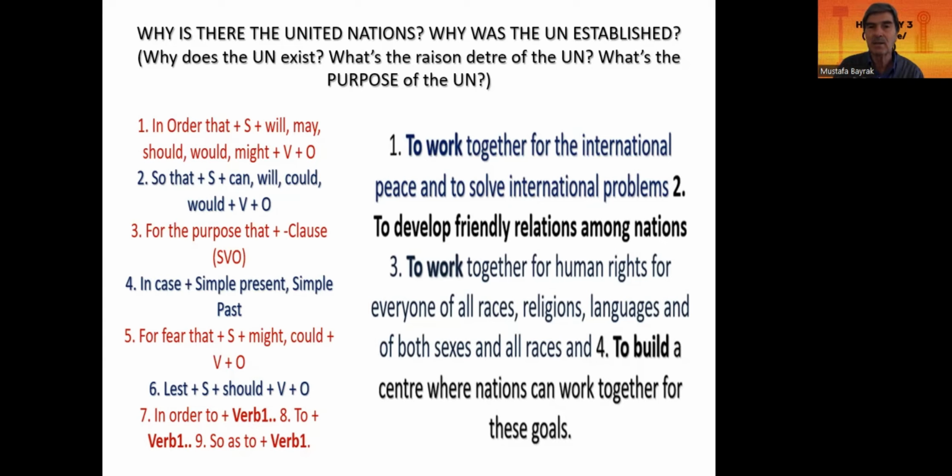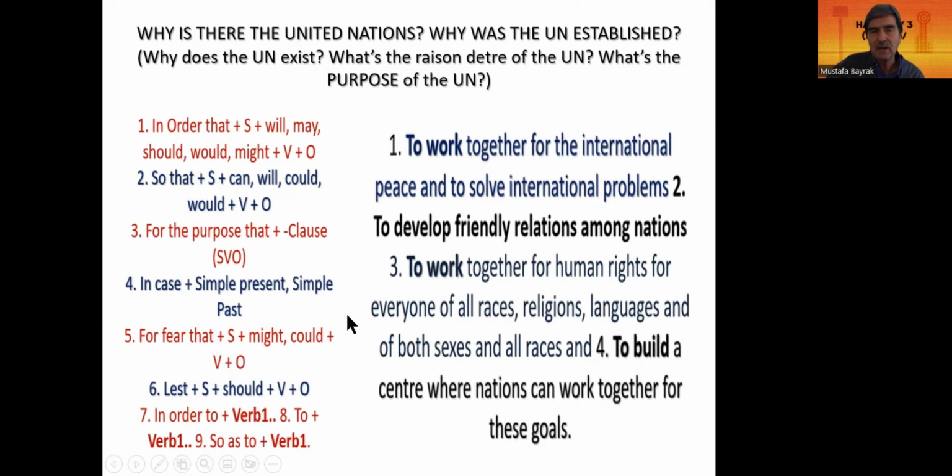Now, what is the purpose of the United Nations? The purpose of the United Nations is to build a center where nations can come together for these goals.